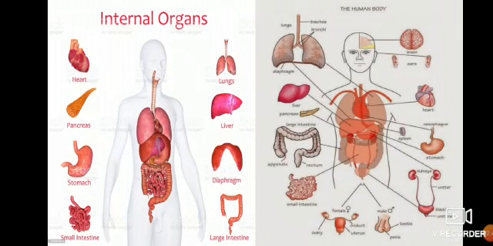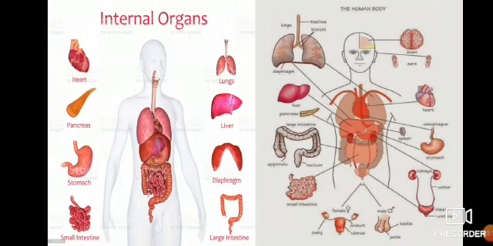Here are the internal organs. Have you heard about the internal organs? Have you seen them personally? No. We can't see our own internal organs which are present in our body. But we can see our own external organs which are present on our body.